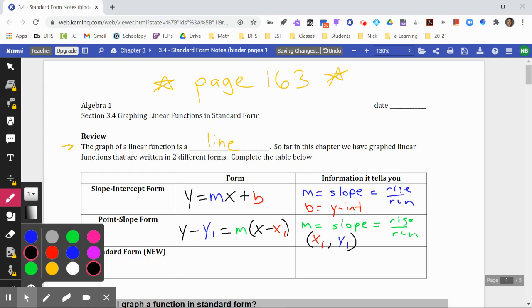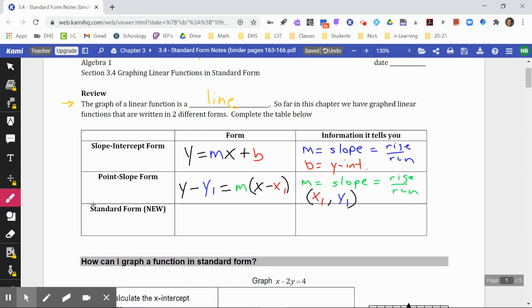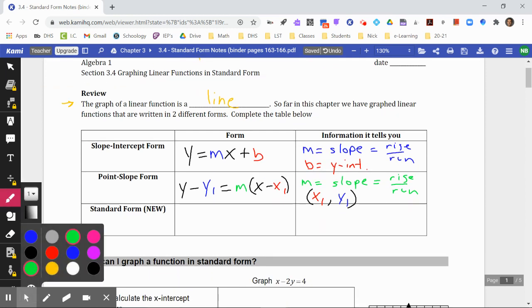So today, we're going to learn about standard form. This is going to be our third way to graph a linear function. With standard form, it's going to look like this: ax + by = c.